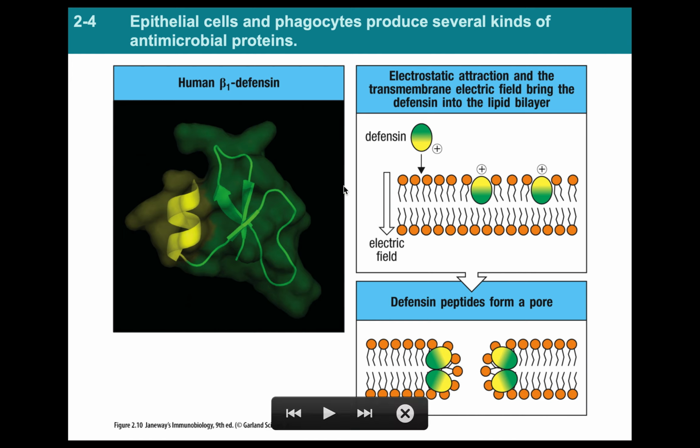And the way they work is by being amphipathic. Amphipathic means they're going to have some parts that are hydrophilic, that want to be where the water is, on the outside. And they have some parts that are going to be hydrophobic. In general, this little helix part is going to have a hydrophilic side to it that's going to be the outside. That is going to tend to orient itself up here facing water.